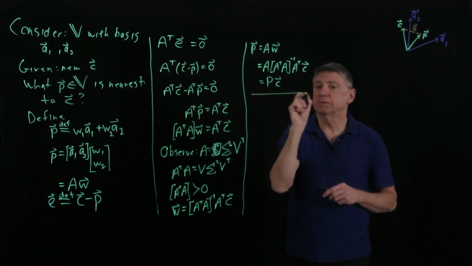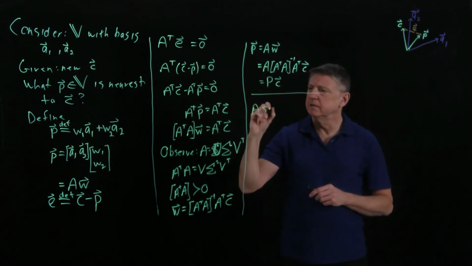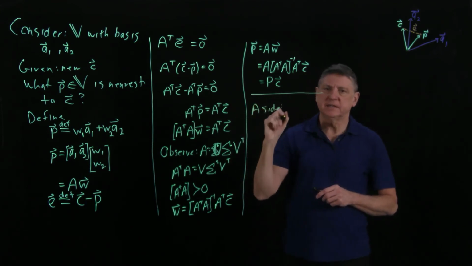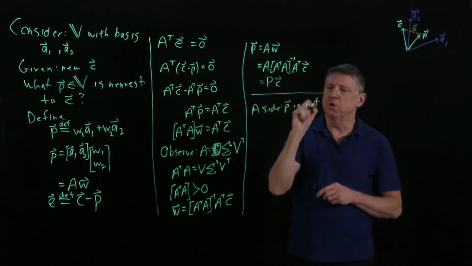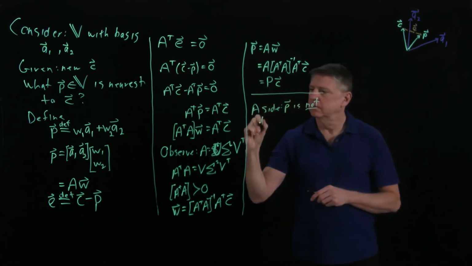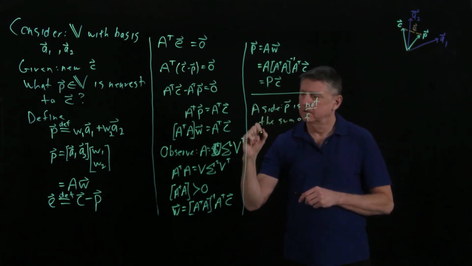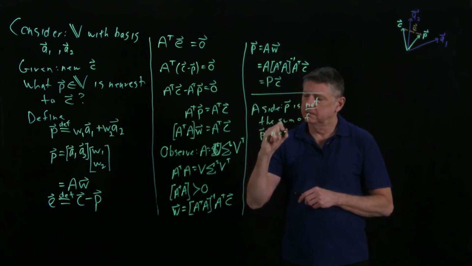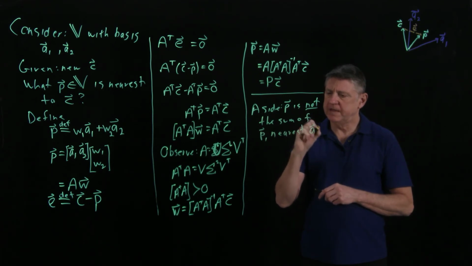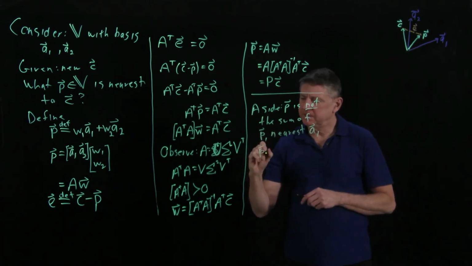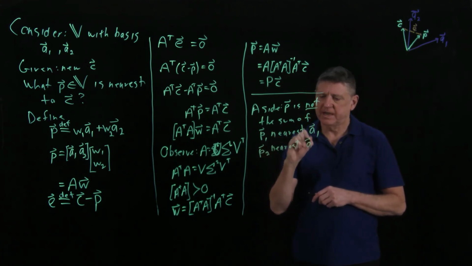Let's make an observation here that I'll just call an aside. The aside is that p is not the sum of p1 nearest to a1 and p2 nearest to a2.